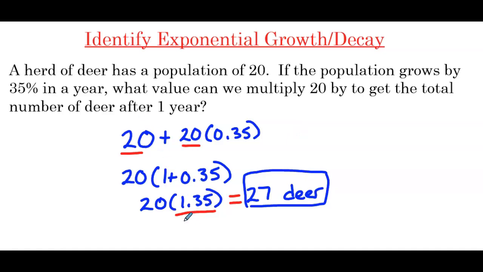So this percentage equivalent is 135%, which indicates we have the initial population plus 35% extra. So our goal by the end of this video is to identify that if we were given an expression like this, that we're growing by 35%. Okay, so just keep that in mind as we continue on.